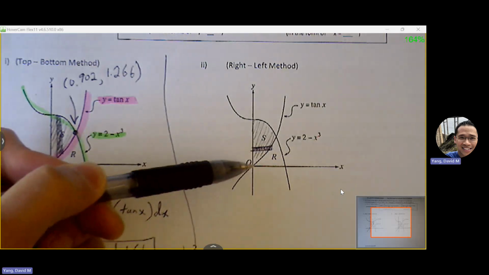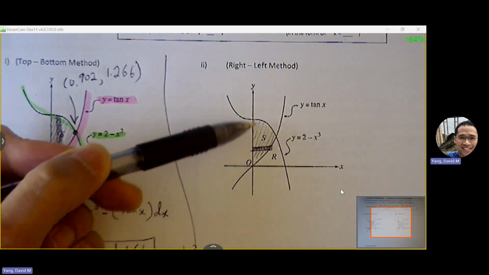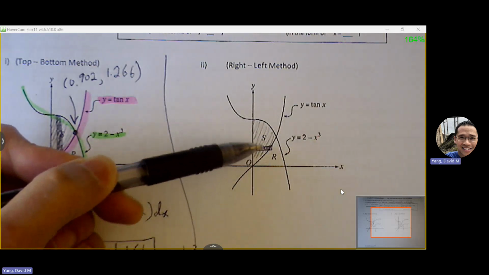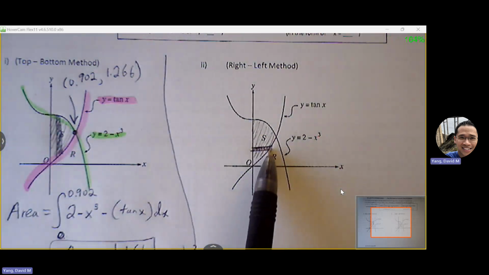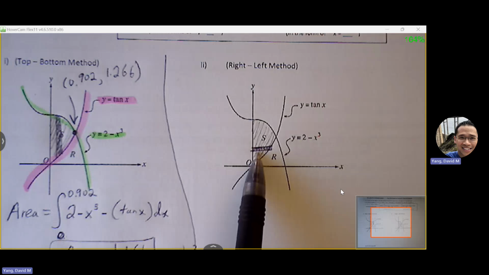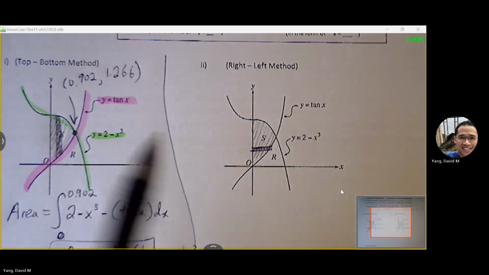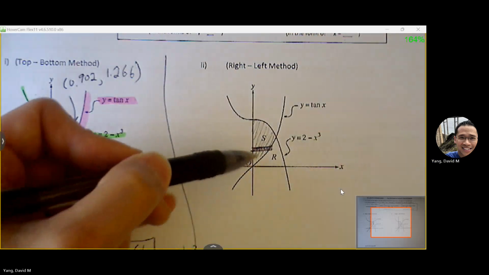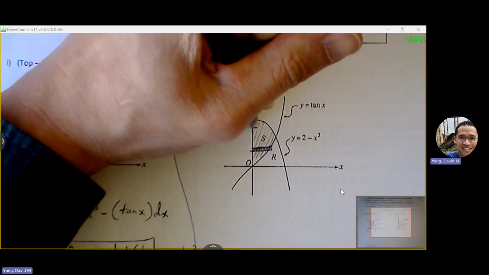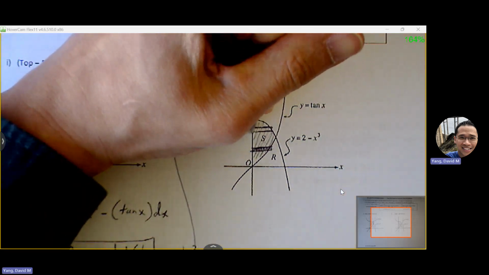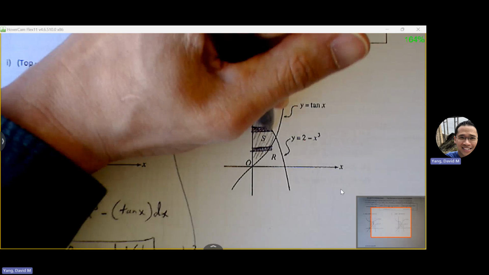But the issue is that as we imagine the number of rectangles that we can fit into the space, are these rectangles always going to hit the same graph? Up to a point, right? What's going to happen up here? What's different about this rectangle up here versus a rectangle down here?